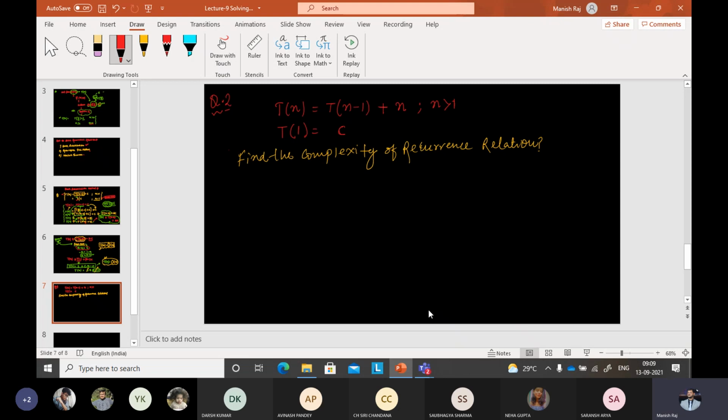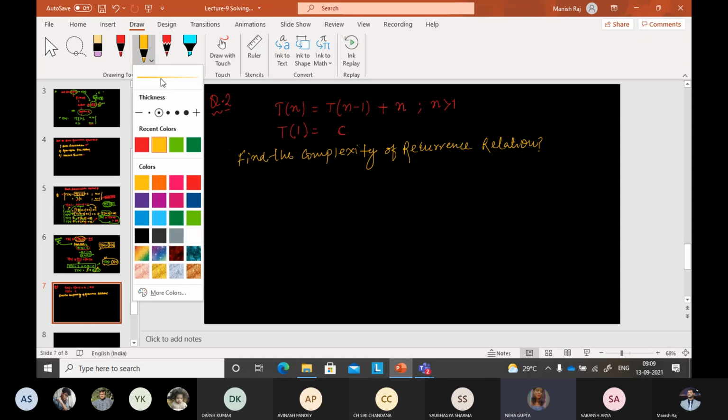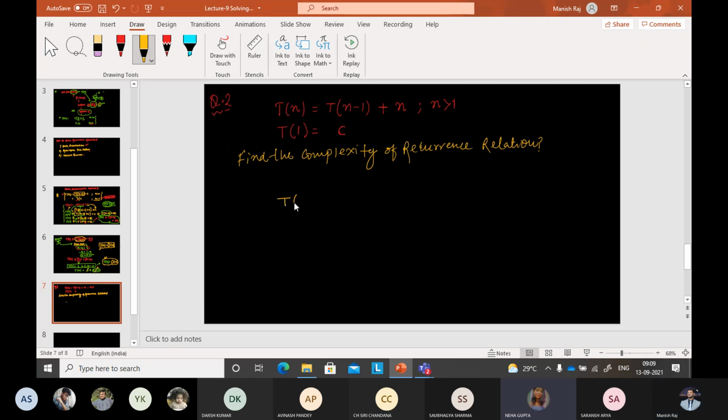So you have started the question. Should I explain or will someone give the answer? Yes, sir. Tell me the generalized solution, then I will go on. What came out? So Tn equals Tn minus k, every time you will get the Tn, plus n minus k minus 1.